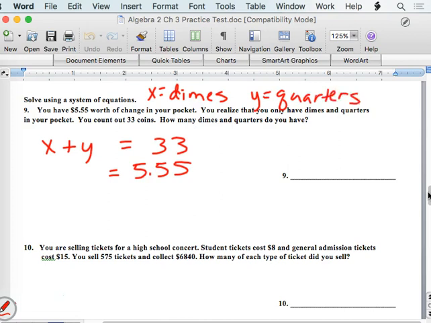Well, now the other one was about money. So we're supposed to know something about money that involves dimes. It's worth 10 cents exactly. And we're supposed to know something about money for quarters. What do you know? 25 cents.